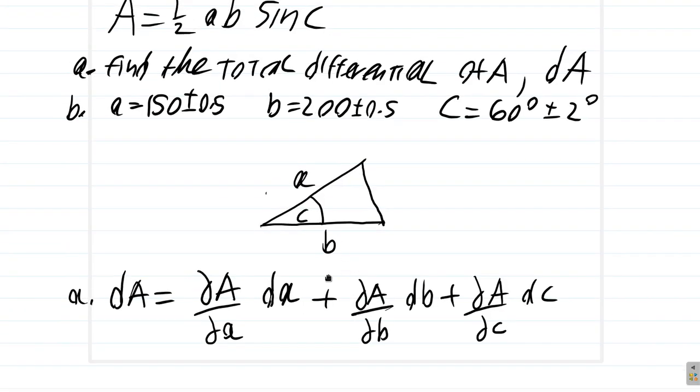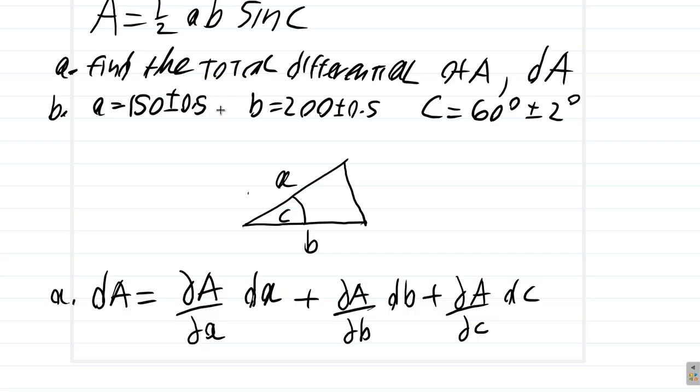Now, part b. The length of a is 150, in this case feet. The unit given could be meters, feet, and so on. Alright, so it's feet.